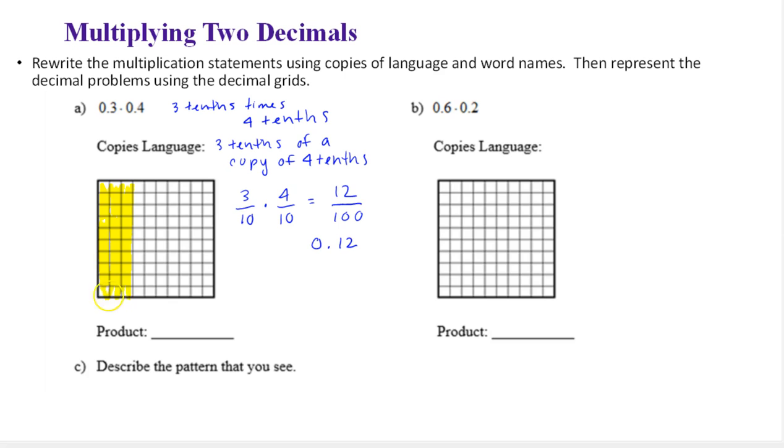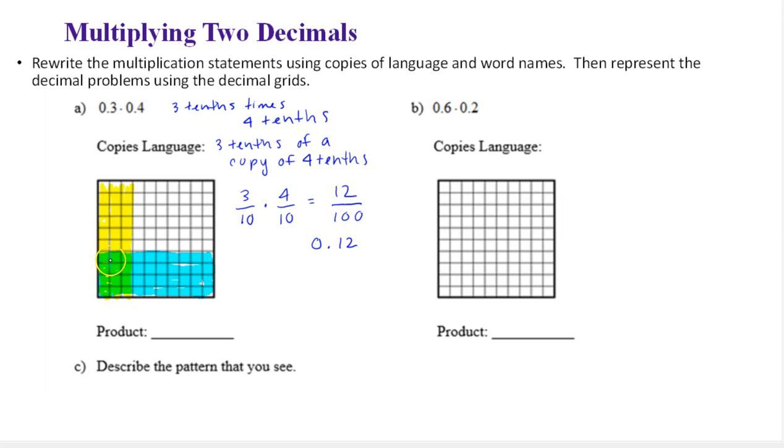So I'm going to do this horizontally. And this is 4/10 of a unit if we look at the blue and the green combined. But notice the green part where the yellow and blue overlap, this is 3/10 of 4/10.